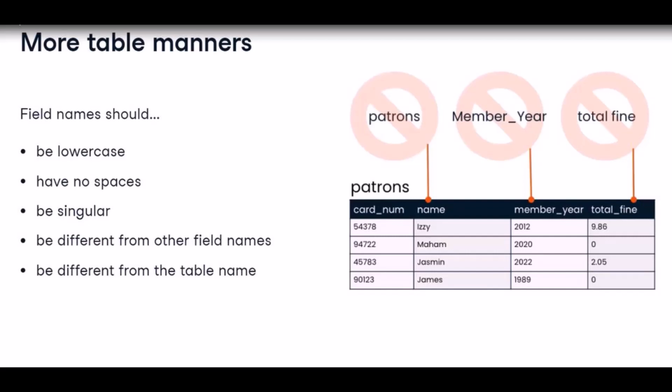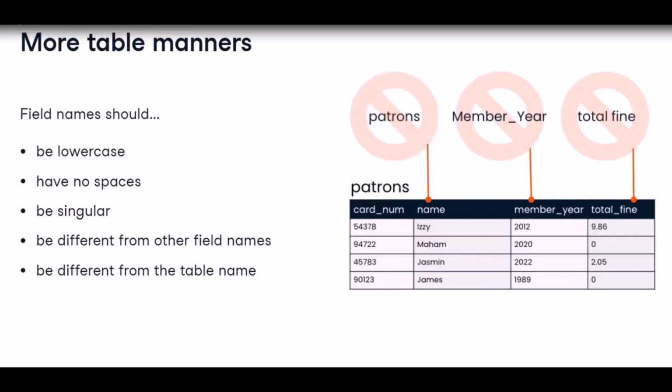That's not possible. Field names, column names should never share the name of the table they are housed in. The table cannot be products and then in one of the columns you still have product. It's very wrong. So field names should never share a name with the table they are housed in, ensuring clarity in all cases.